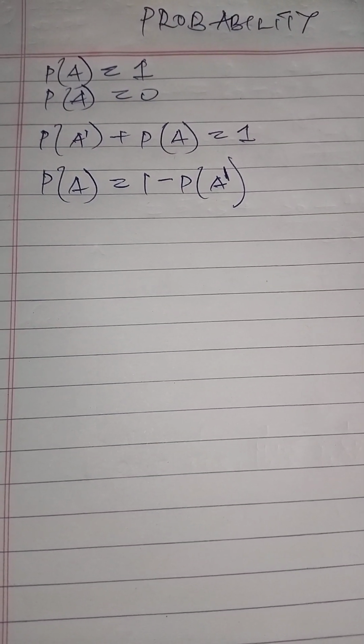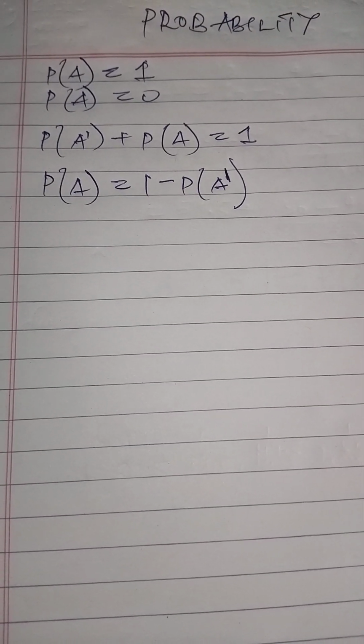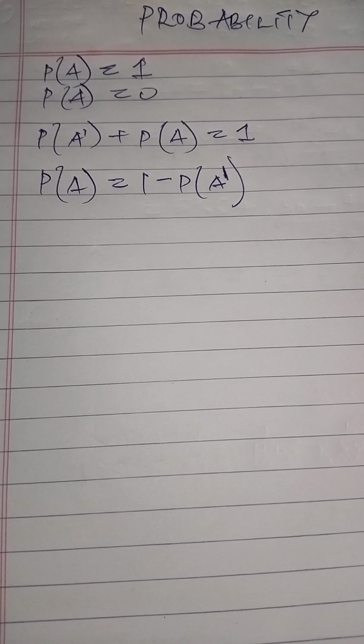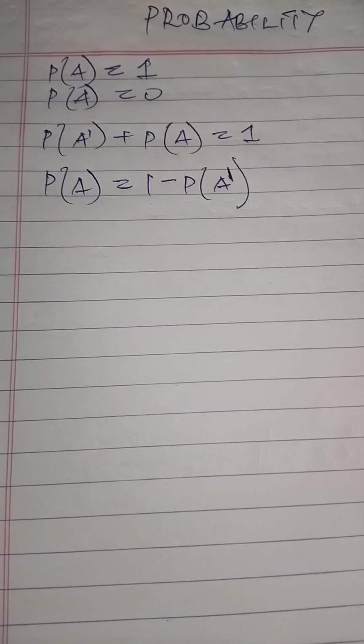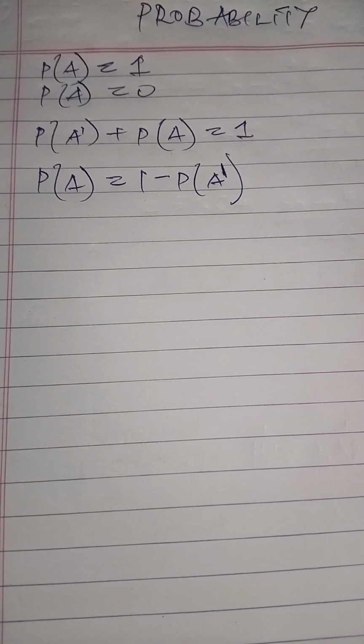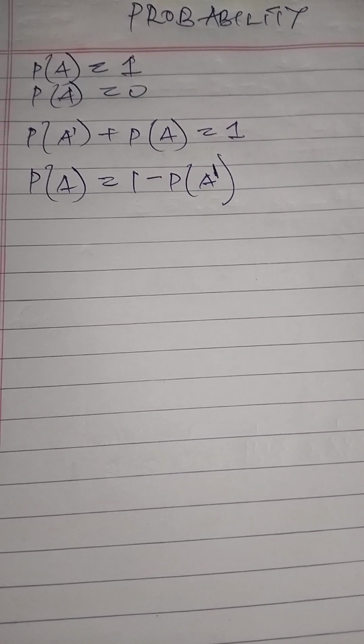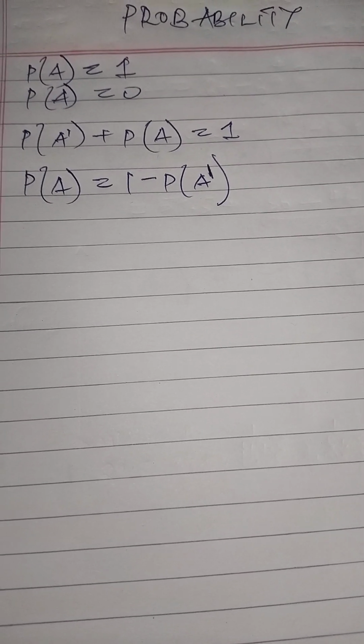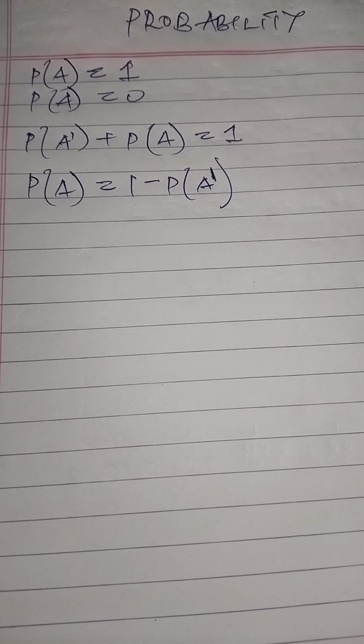So probability basically is chance of an event happening, and when we evaluate it in numerical values, now we get our probability in terms of fraction.